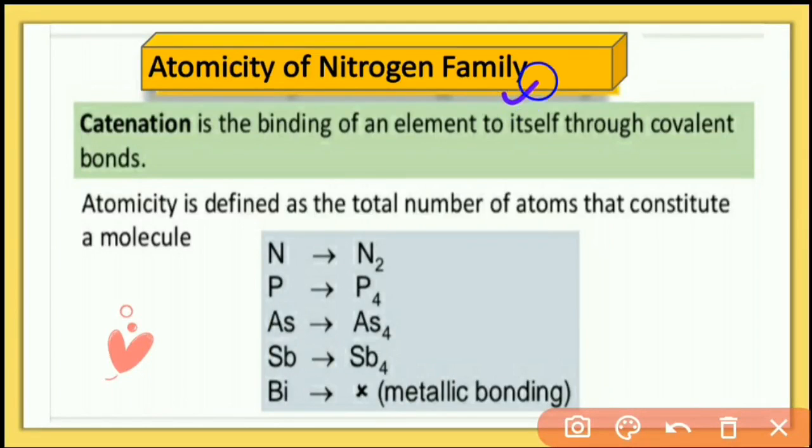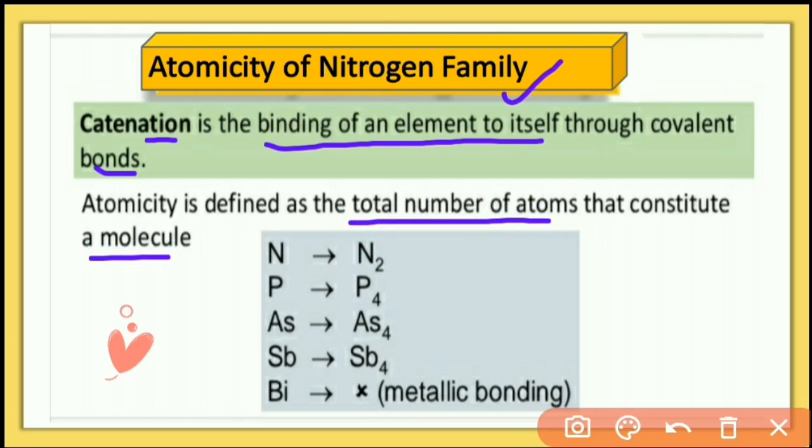Atomicity of the nitrogen family. Atomicity generally depends upon the catenation property. Catenation is the bonding of an element to itself through covalent bonding. It means the self-linking property is called catenation. Atomicity is defined as the total number of atoms that constitute a molecule. Nitrogen shows less catenation property due to the presence of a triple bond, so its atomicity is only 2.